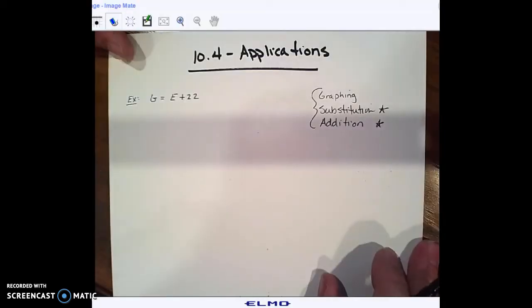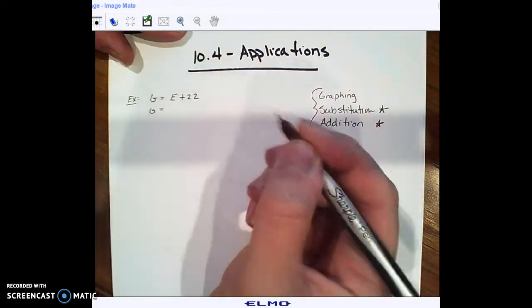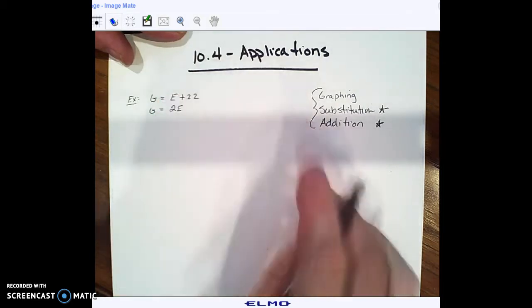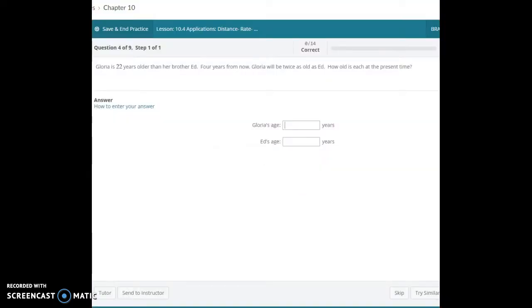So that can be translated as Gloria will be 2 times Ed's age. Does that make sense? So again, we ignored the fact that it's going to be 4 years from now. We're going to deal with that. But Gloria will be twice as old as Ed. I'm going to pause here for a second and let you write that down in case you want to.